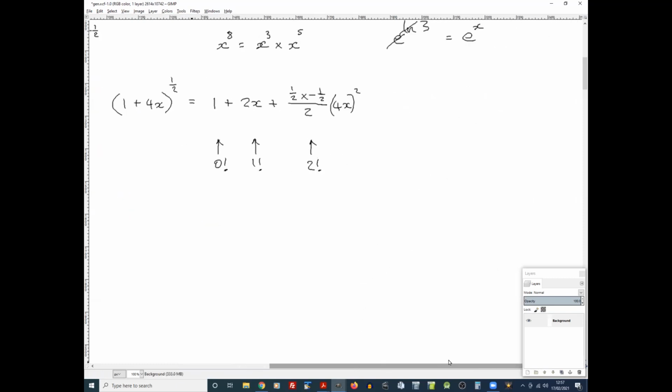And then let's just simplify that one there. So 2x plus how many x squared? That would be minus a half. 4x squared. Oh, bad luck.